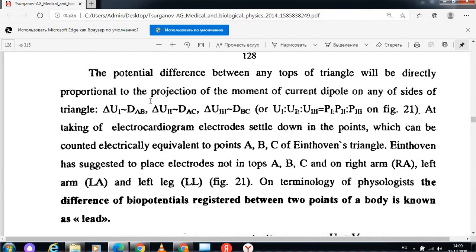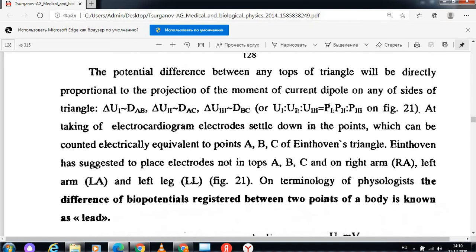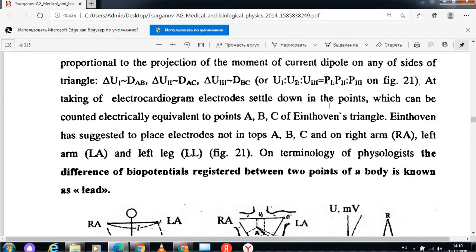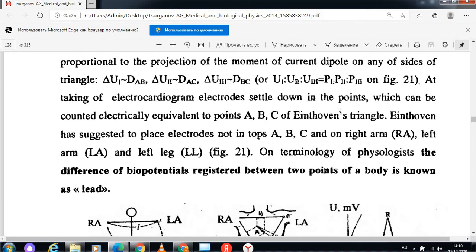Yes, the change of potentials delta U1 is delta UAB, delta U2 is delta UAC, delta U3 is delta UBC, and the ratio between U1, U2 and U3 equals the ratio between these dipoles P1, P2 and P3.